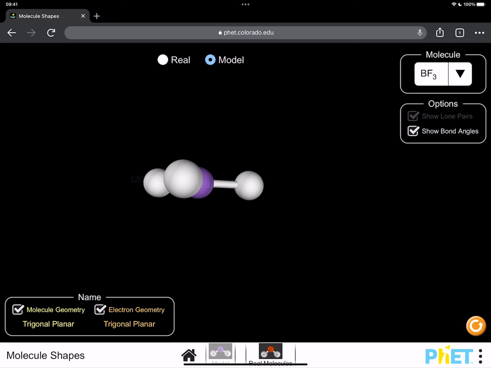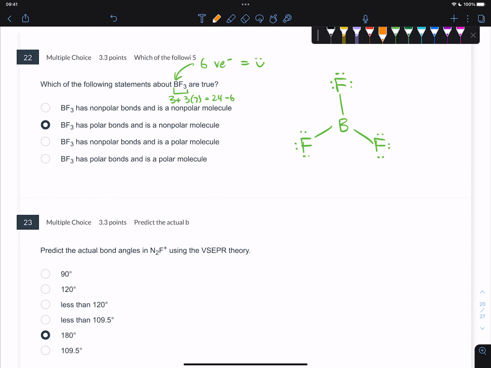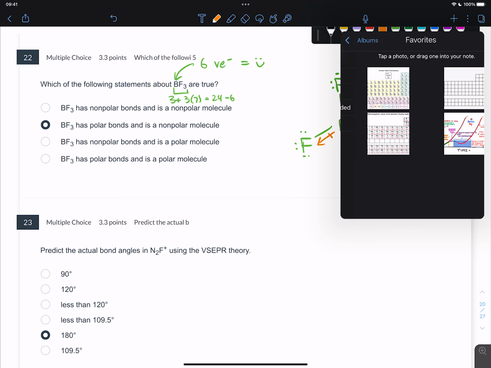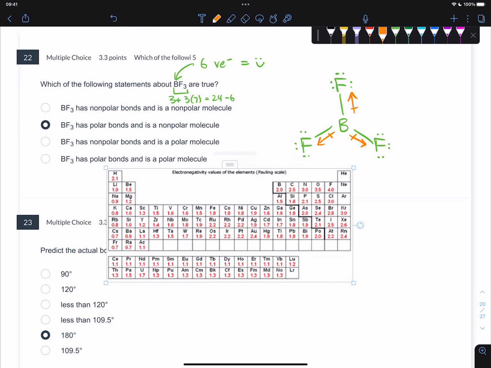Trigonal planar. Now, this is not the dipole simulation, but because every edge is the same atom, if you were to draw electronegativity arrows or dipole arrows toward the fluorine for each one, they are going to cancel out. The bonds are polar. If you pull up the Pauling electronegativity thing, you can see that boron is a 2.8, fluorine is a 4.0.